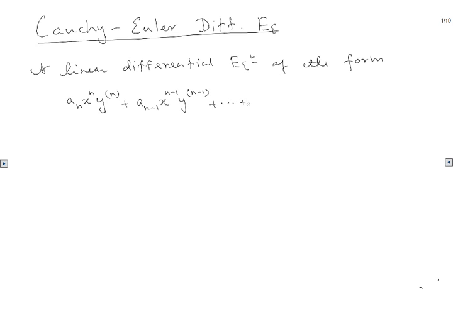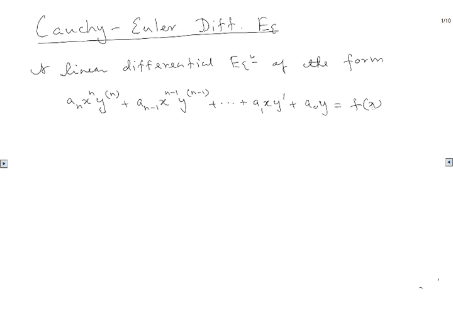If you write it like that, then you can write the last terms as a_1 x y prime plus a_0 y equals f(x) in general. What you notice is that the power of x and the order of the derivative term are equal.